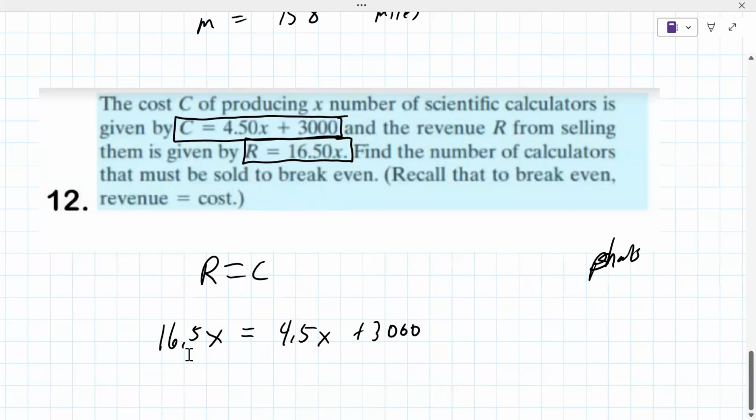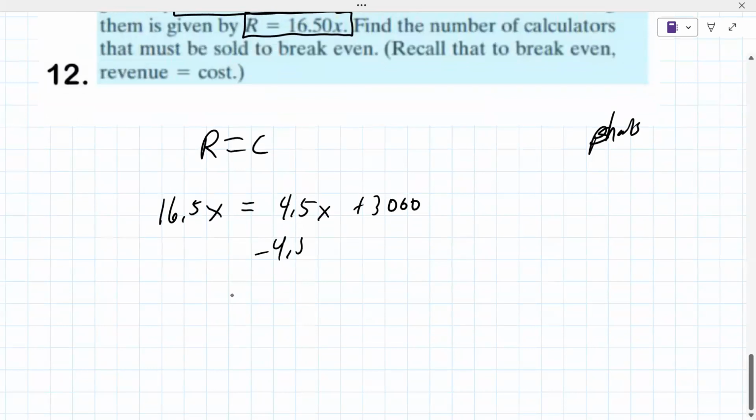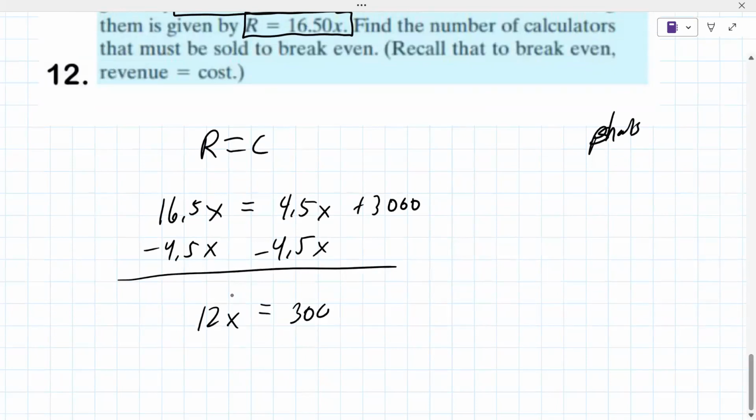Okay. So you got variables on both sides. Which way do you move? To the left. Yeah, you subtract 4.5x. 12x equals 3,000. Divide both sides by 12. What does x equal?